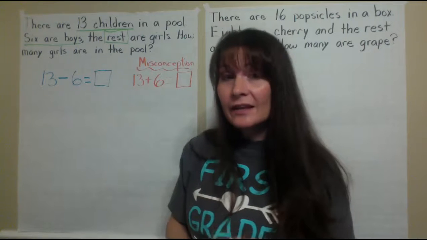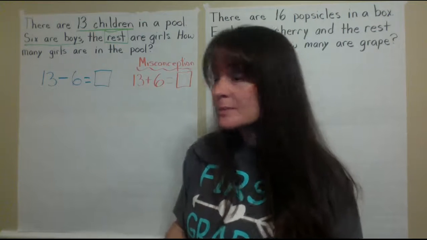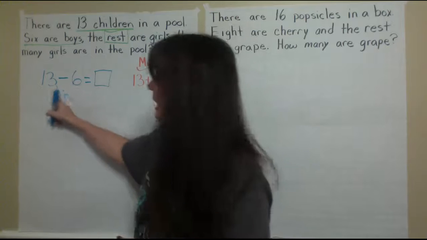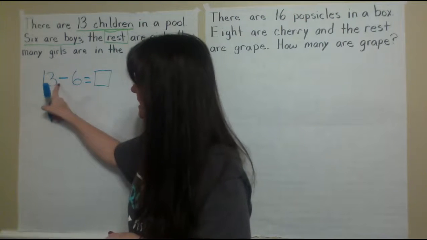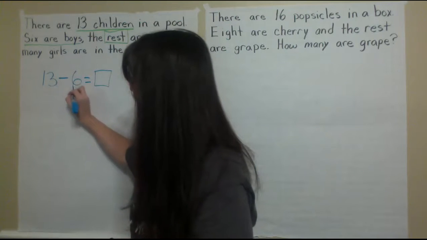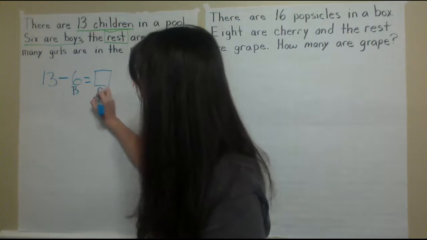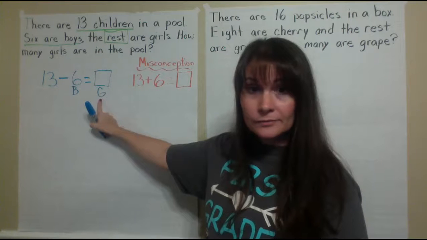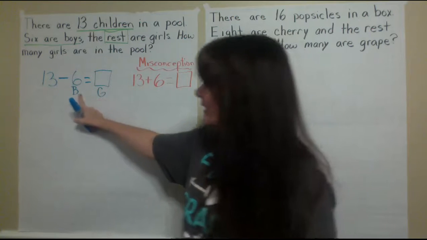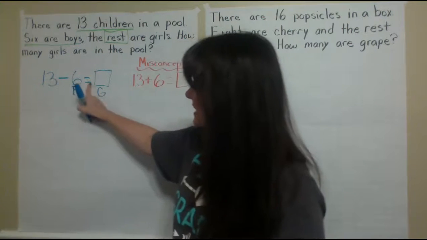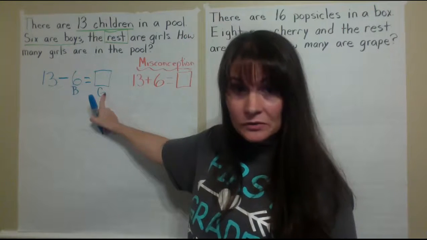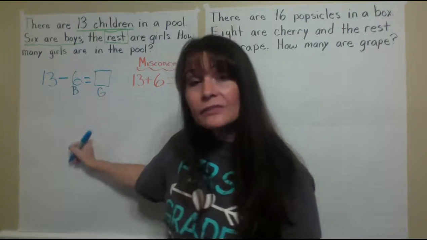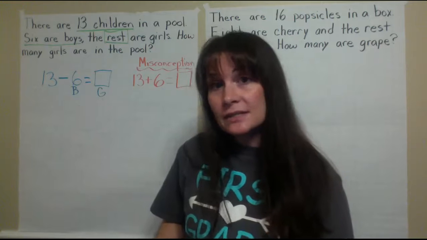And one thing that I like to do when I'm solving these problems is I like to label. I knew that the whole is 13 and that there were 6 boys. And what I'm trying to figure out is how many girls are in the pool. I could think 13 minus 6 equals how many girls are there? Or I could even think about my addition sentence.